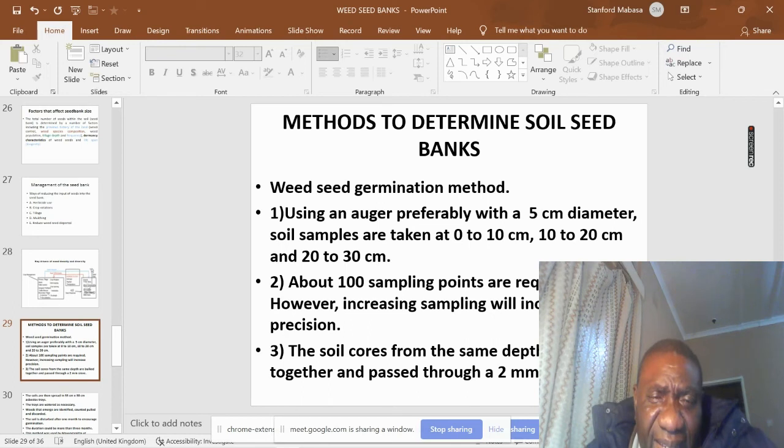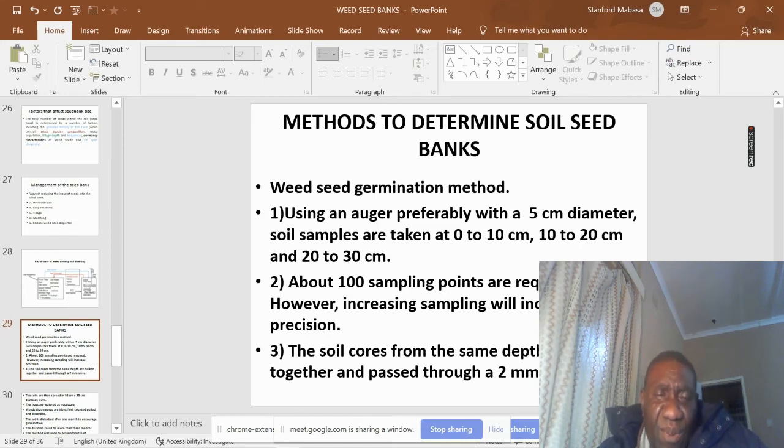Probably about 100 sampling points are required. However, increasing sampling will increase precision. So if you increase your sampling size, you also increase precision.